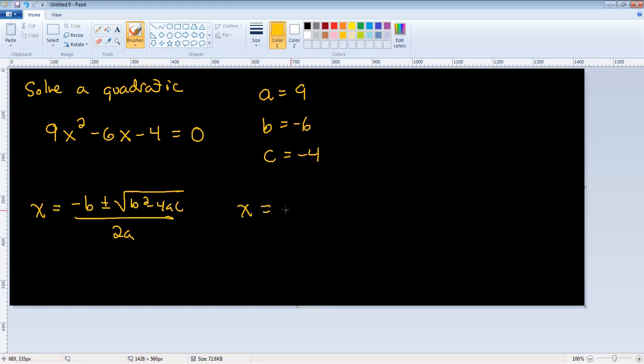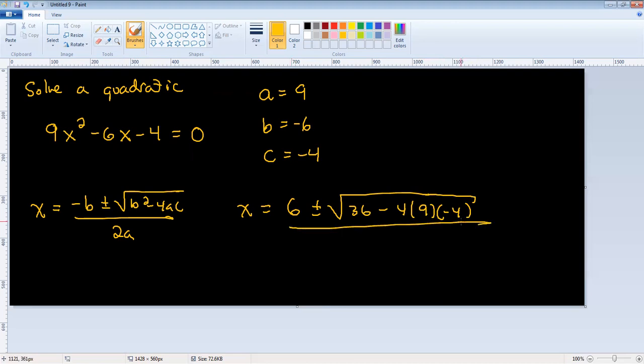Okay, so the negative and the negative will cancel in the 6. Then we have 36 here for the b squared, then the 4, then the a, then the c, okay? And then over the 2a, okay? So let's see here. What is this going to be?